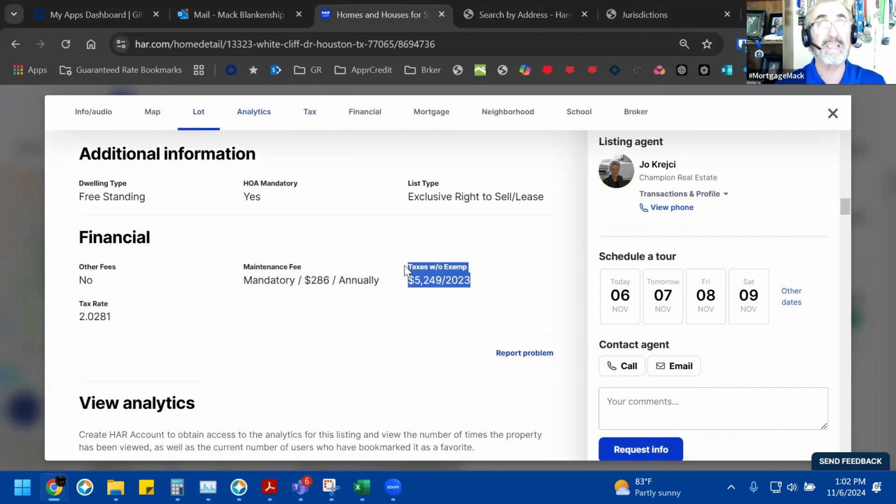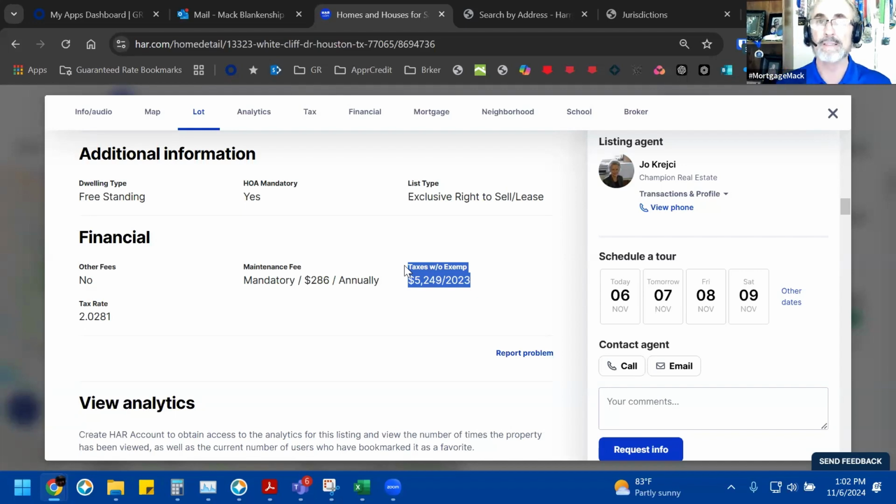So here we go. This is what is on the financial section for this particular listing, and what most people will use as a basis for qualifying. And I believe that my calculation is going to be less, which matters, because if this is the basis for the real estate taxes and you're using way more than they're actually going to pay, the buyers may elect not to buy this home because they believe that the payment is too high.